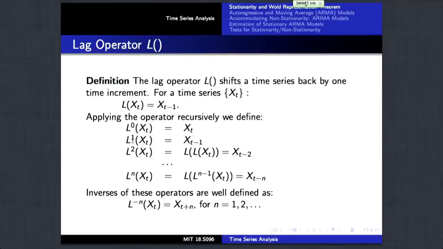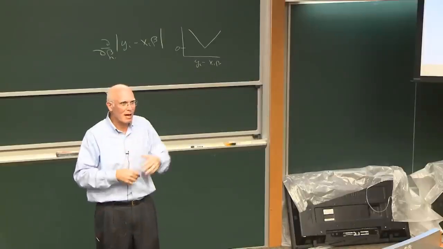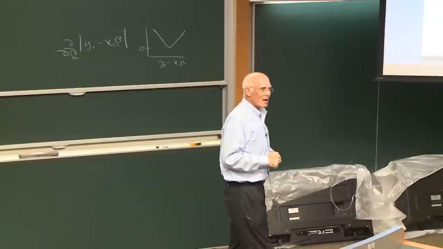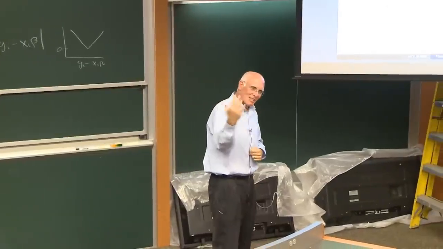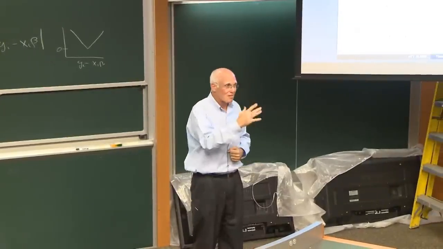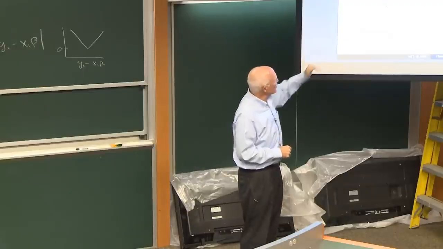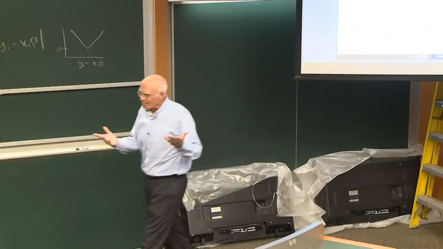And in thinking of these, what we're dealing with is like a transformation on infinite dimensional space, where it's like the identity matrix shifted by one column, or 2 columns. So anyway, inverses of these operators are well defined in terms of what we get from them.